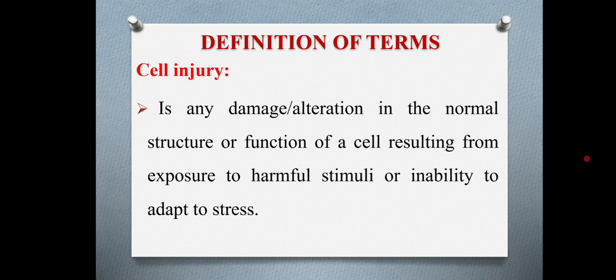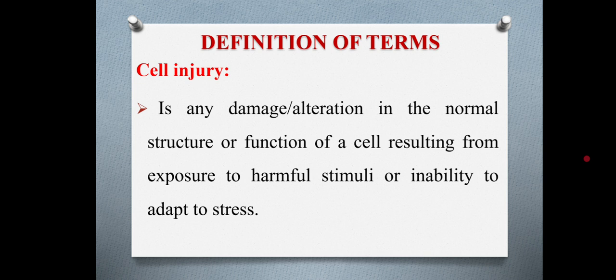That is what we call cell injury. When the cell has been injured, we are saying that this is any damage or alteration, not just in the structure, but also in the function of the cell that is coming as a result of harmful stimuli. When I say harmful stimuli, it could be a pathogen, a toxin, a bad chemical, in those lines.